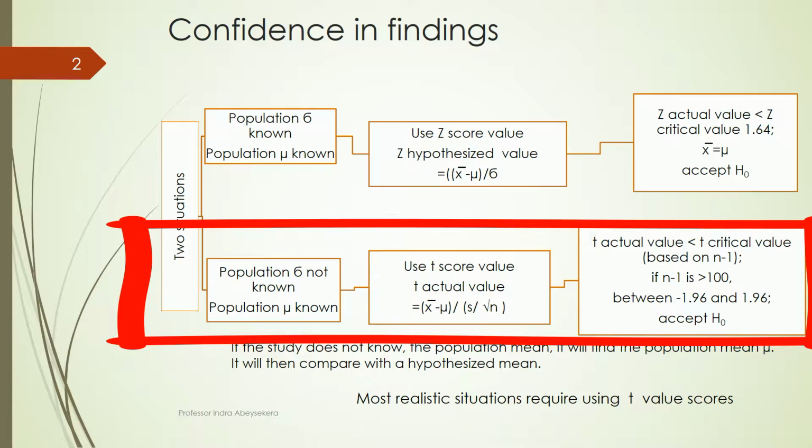If the sample size is greater than 100, then the confidence interval is between minus 1.96 and plus 1.96.